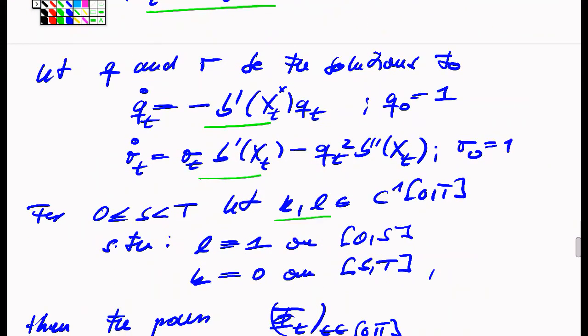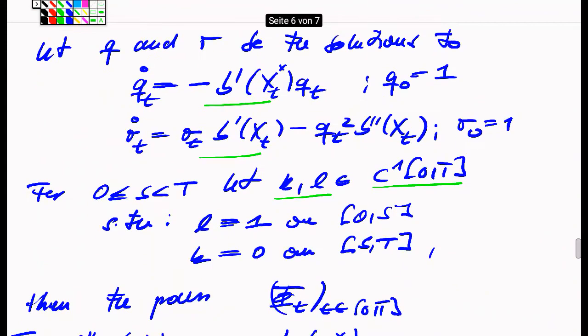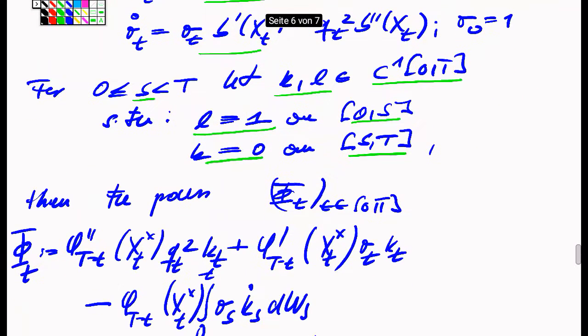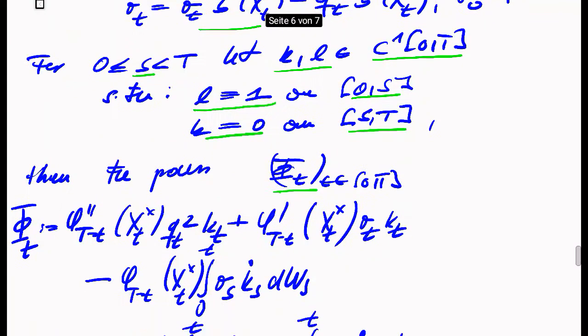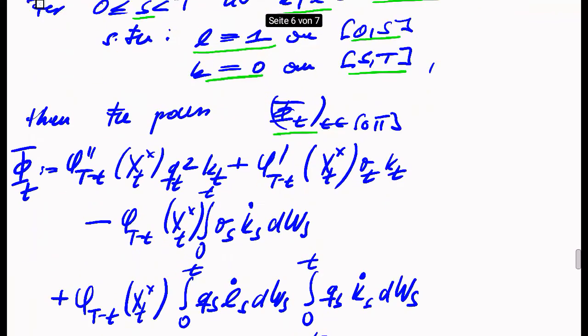Let K and L be two control variables or control processes, which can be deterministic processes, which are chosen in such a fashion that there is an additional intermediate subinterval from 0 to S, such that L is constant 1 on the subinterval from 0 to S, and K equals 0 on the interval from S to T.